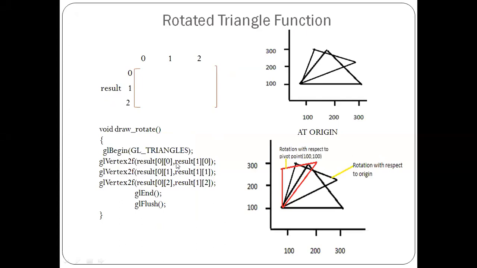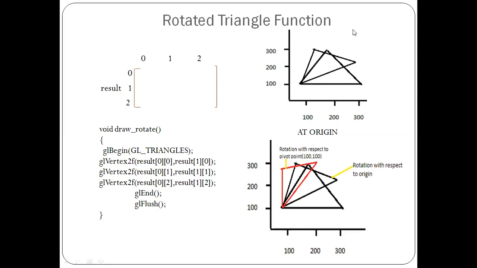Result of 0 0, result of 1 0 is the first vertex, result of 0 1, 1 1 is the second vertex, result of 0 2, 1 2 is the third vertex. I will join this. This is how it has rotated from the origin, if I have given an angle of 30 degrees. So this is how it has rotated. The result matrix contains the converted, rotated coordinates.